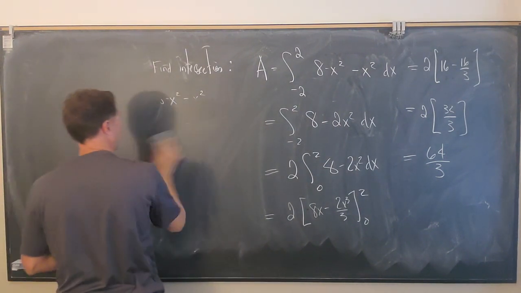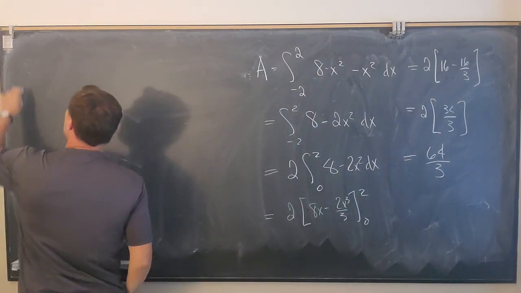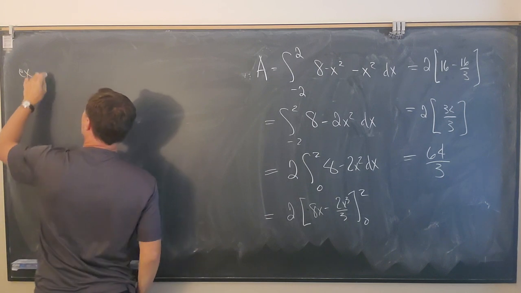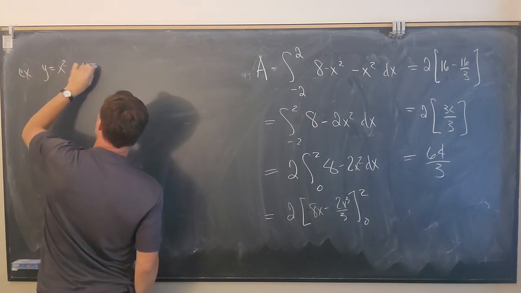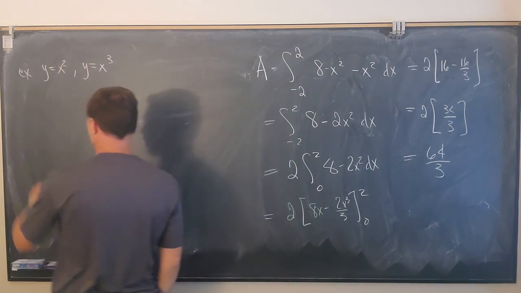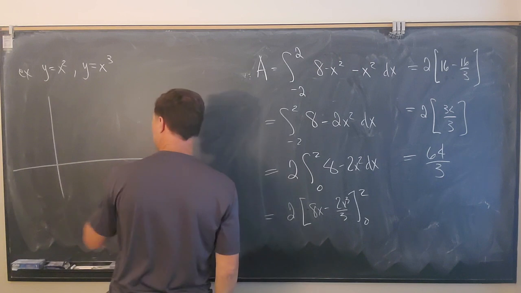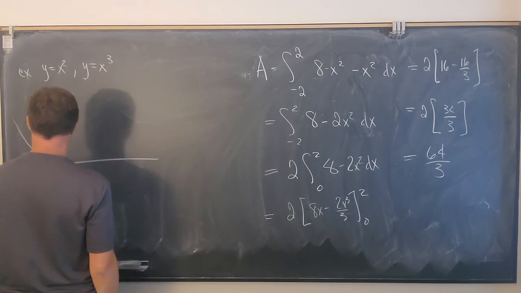Okay, so some more examples, same instructions. So now what I'd like to do is look at the region bounded by the following graphs, y equals x squared and y equals x cubed. If you draw the picture, here's what we get. The graph of y equals x squared looks like that.